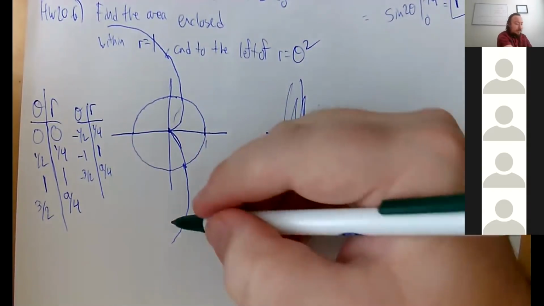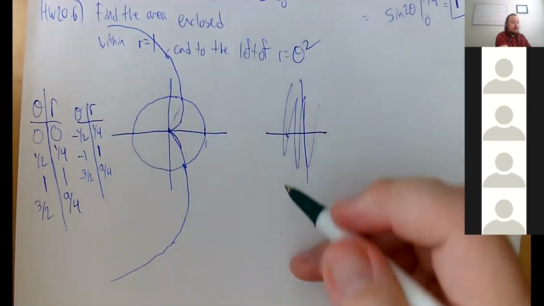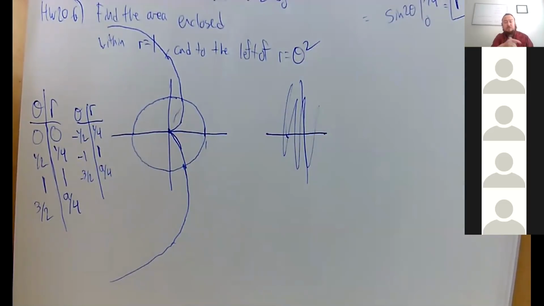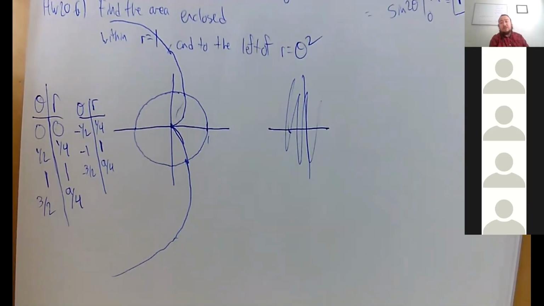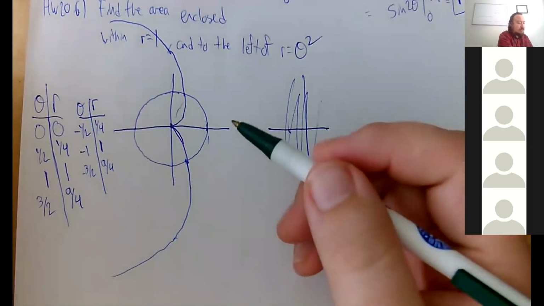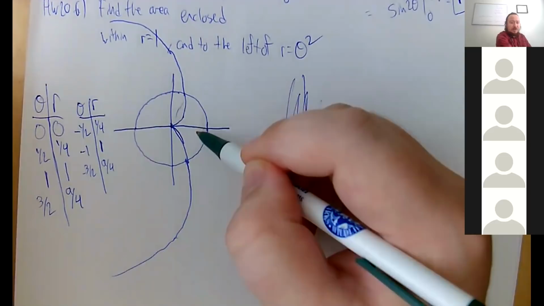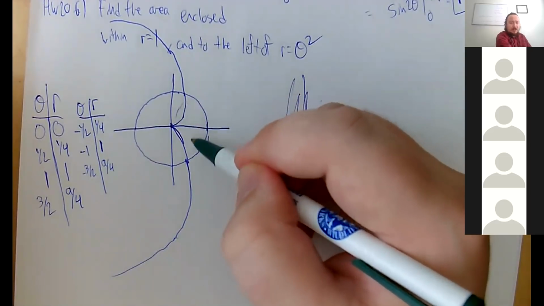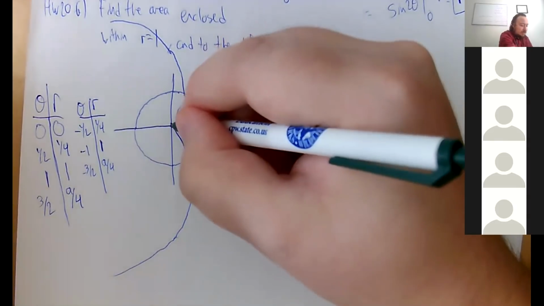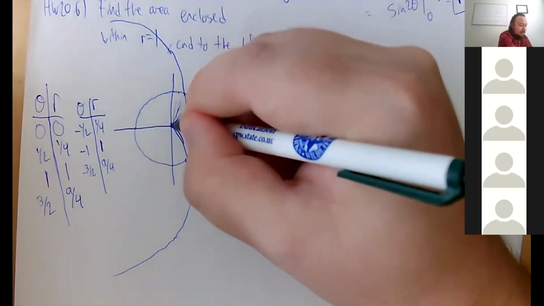So this spiral is going to spiral down this way as well. This is kind of like a double spiral: we have a spiral coming up like that, but then we also have one going down there. Now I think it's relatively clear what we mean by to the left of it, and also within the circle. Within the circle is here, but to the left of this means I'm missing this little chunk right here. I'm going to be focusing on that.